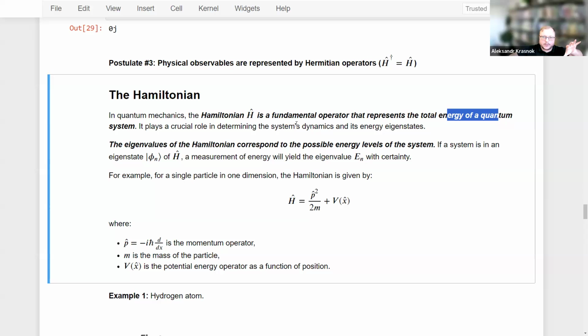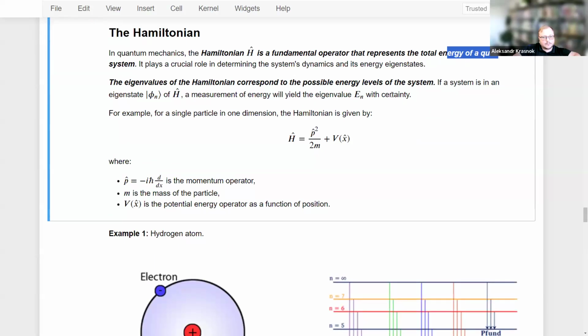What it means is that this operator, of course, has its own eigenvectors and eigenvalues. Every eigenvalue gives you the exact level of energy, the amount of energy in your system.